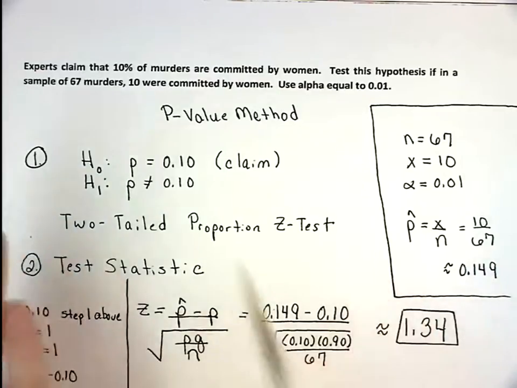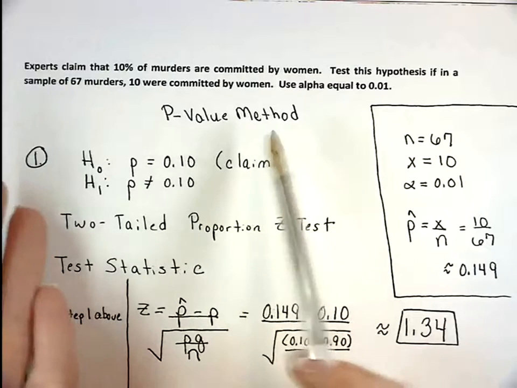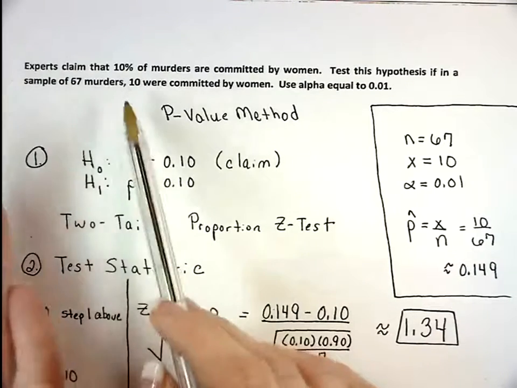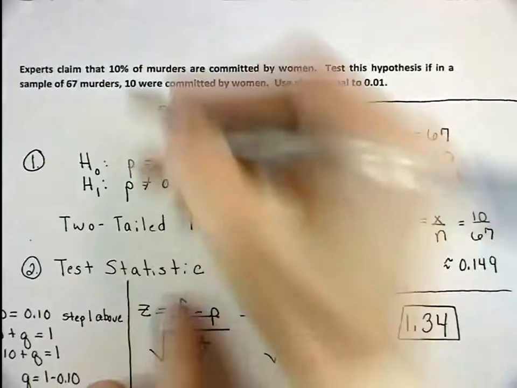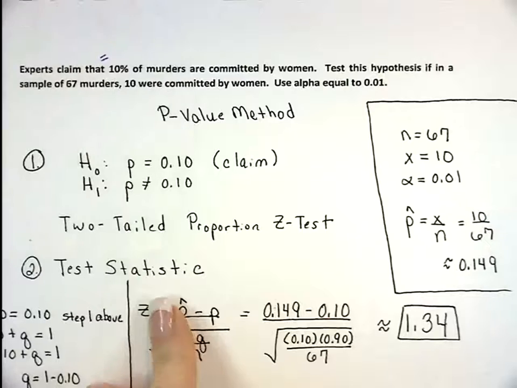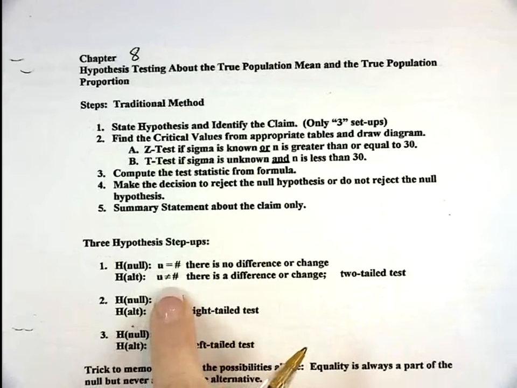As far as your setup, and this is the p-value method, experts claim that exactly equal to 10% of murders are committed by women. Test this hypothesis. So exactly equal to means, when you go to your possible setups, you're looking for the one symbol that says exactly equal to, and it's the two-tailed proportion z-test.